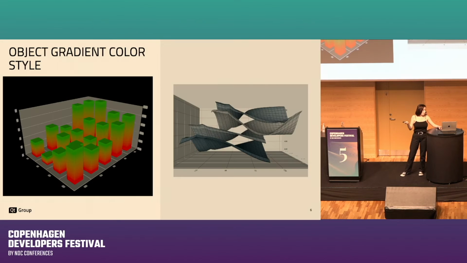The other type of gradient-based color style is the object gradient color style. This color style applies the full amount of gradient regardless of any object parameter.